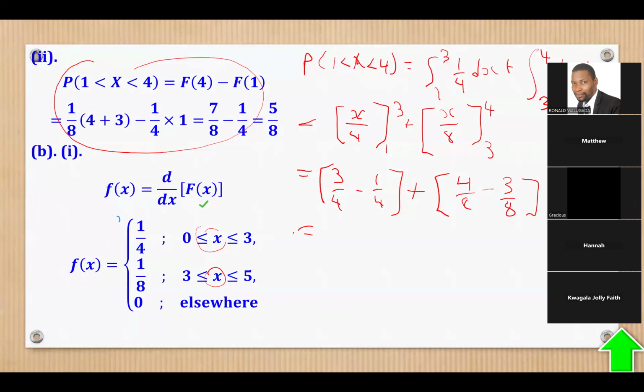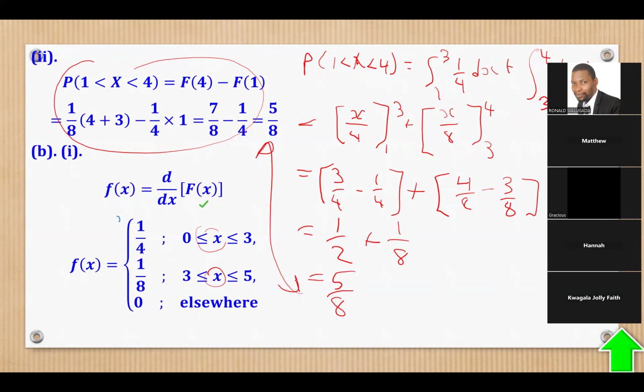What I'm doing is just an alternative to the earlier method. Then we can use the calculator. 3 over 4 minus 1 over 4 is a half, and 4 over 8 minus 3 over 8 is 1/8. When we add, you realize that you get the same answer as before.